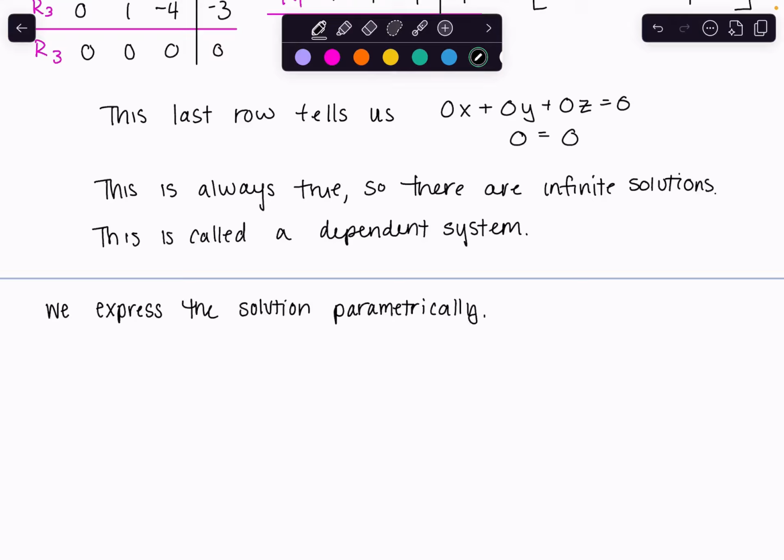Okay. So one variable is free to be any real number. But the other two variables will depend on that free one.